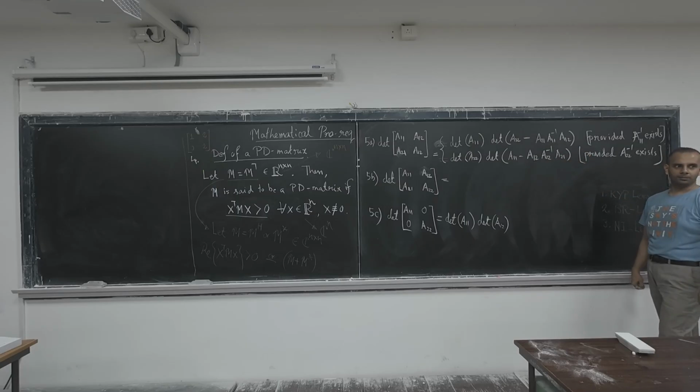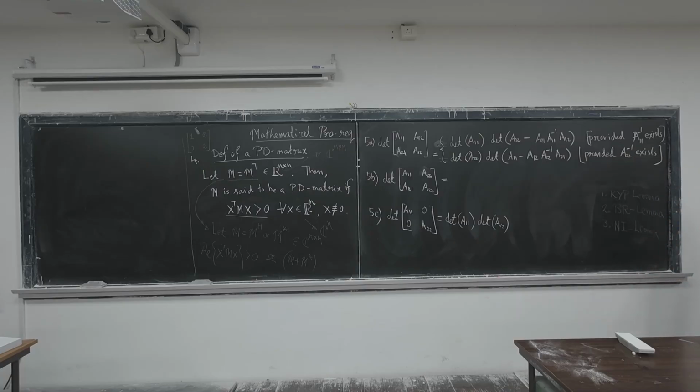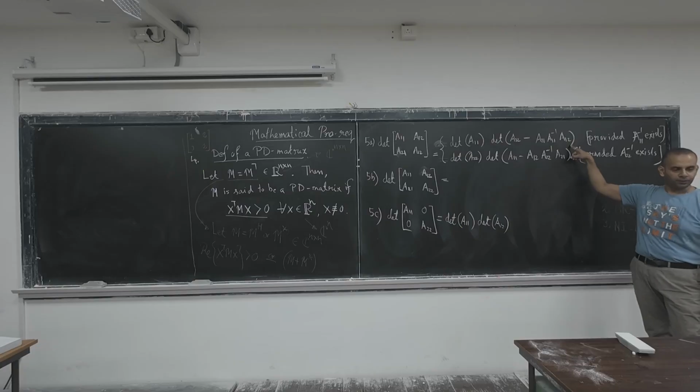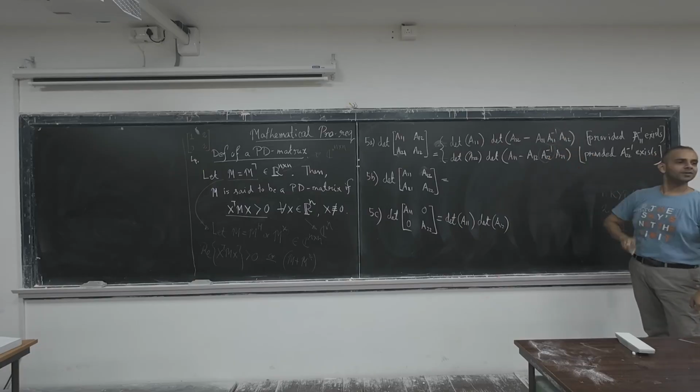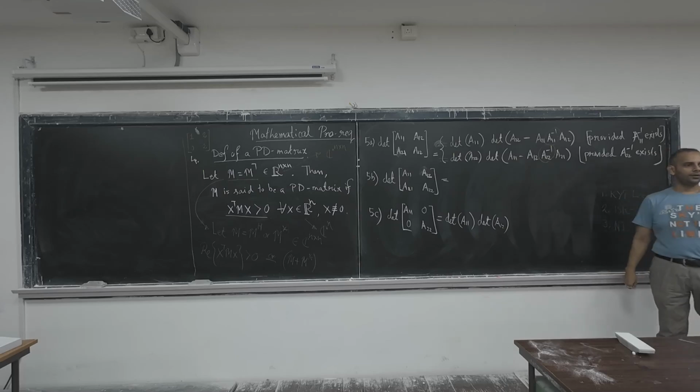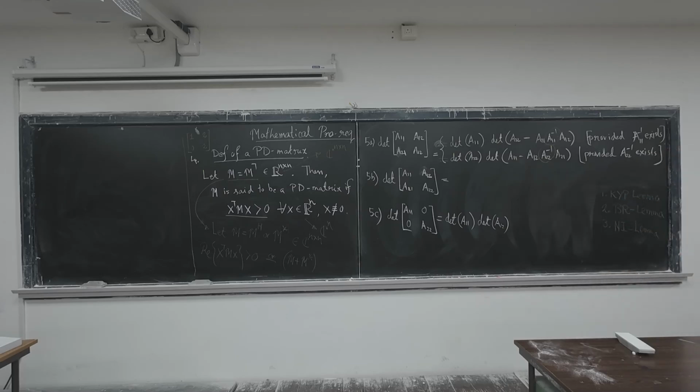Finally, what the determinant would be, we don't know. For the validity of that expression, this inverse must exist, this inverse must exist. For that, you will have to ensure whether the inverse exists or not.